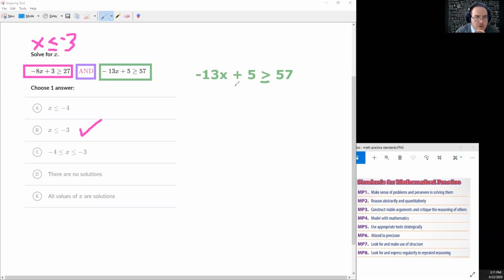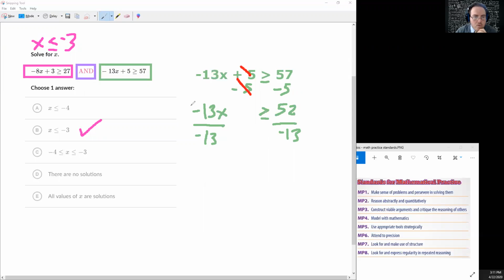Okay, so if we subtract 5 from both sides, we end up with negative 13x is greater than or equal to 57 minus 5 is 52. Okay, so now we need to divide both sides by negative 13. And the moment we do that, that's going to flip our symbol.